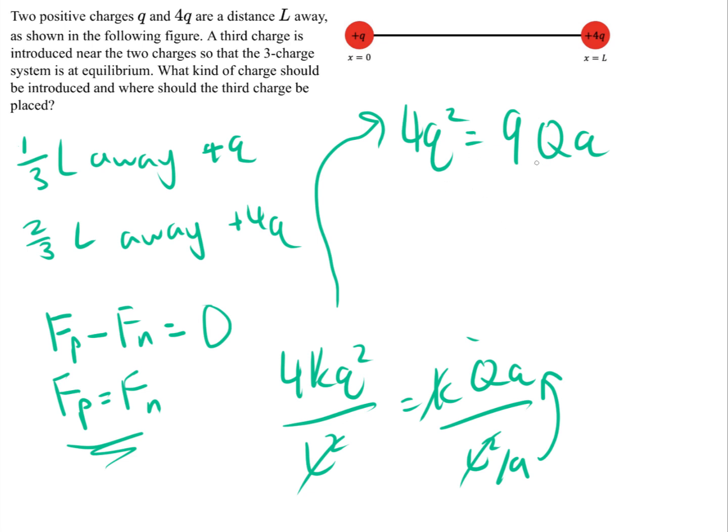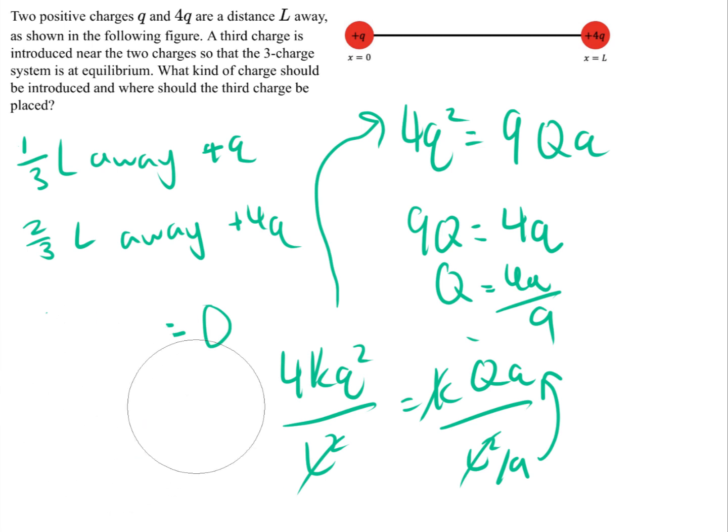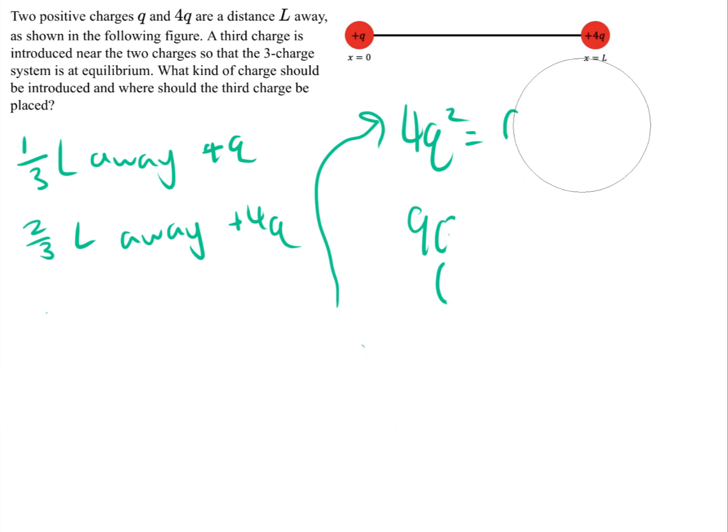Now we just need to solve for the magnitude of the negative charge, which is capital Q. So 9 times the magnitude of the negative charge is equal to 4 times q. So Q is equal to 4q divided by 9. That is the magnitude of the negative charge.